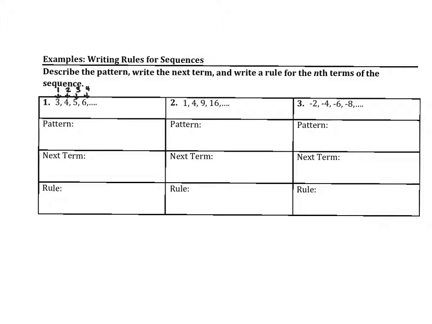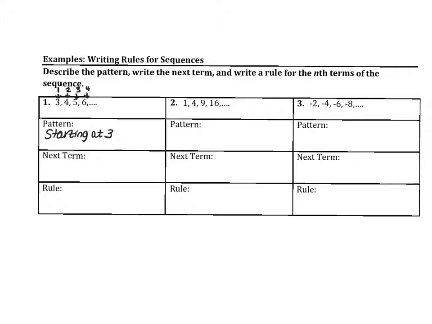First thing we want to do is describe the pattern. And so what you can describe is just, what are you noticing? What are you seeing? For example, I might say that the pattern is starting at 3, starting at the number 3. When I plugged in a 1, I'm getting out a 3 from this pattern.